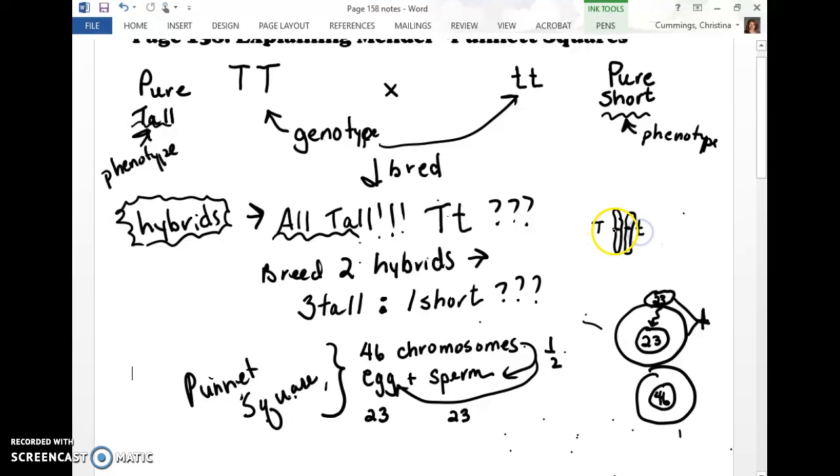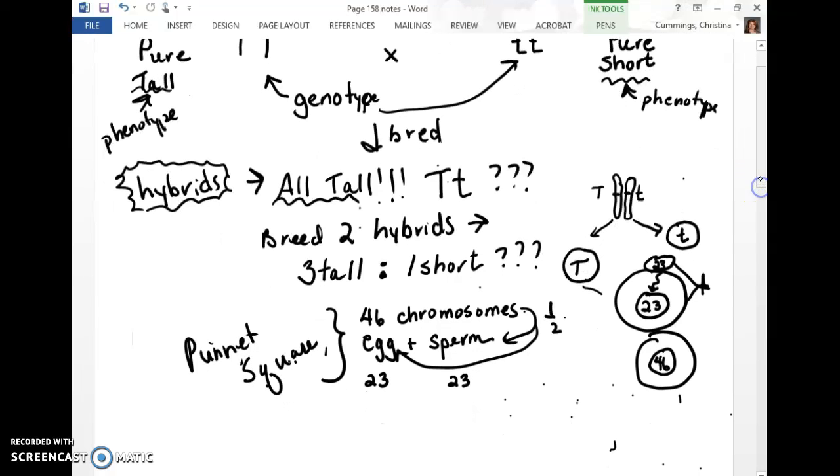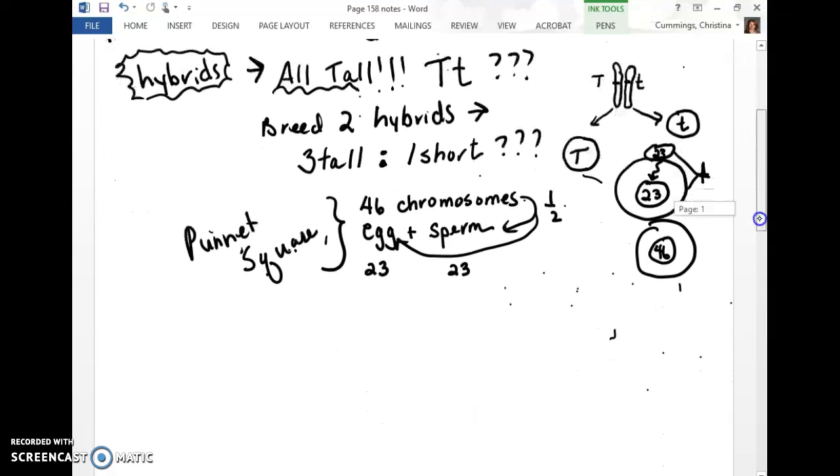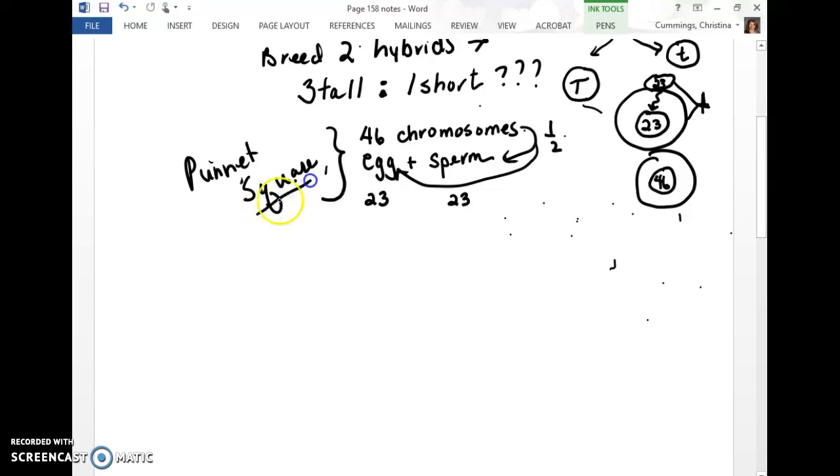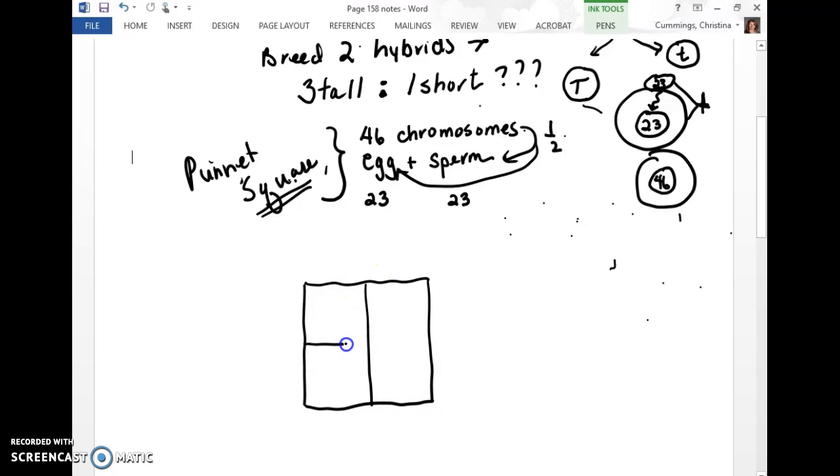Each allele occurs on one of those pairs, so that when they form, if it's a female, their egg cells, or if it's a male, their sperm cells, those two alleles separate. And when we do a Punnett square, we try to show that. A Punnett square, again, is going to try to predict what the offspring are going to look like when you breed two organisms together. Later on, we're going to do this with people, but it's easier to start off with pea plants.